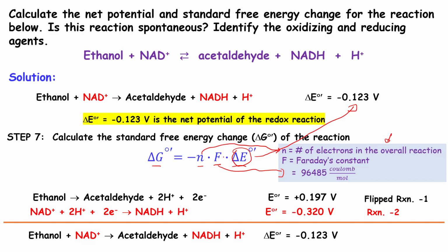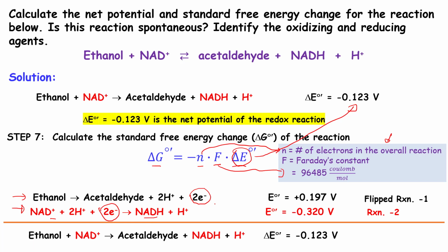And one important thing to note here is how do we figure out the value of N? If you want to figure out the value of N, you look at the two equations that we wrote down to balance or add up the two reactions. If you remember, the first reaction is an oxidation reaction where ethanol becomes acetaldehyde and releases 2 electrons, and those 2 electrons are taken up in step 2 by the NAD plus, which becomes NADH.